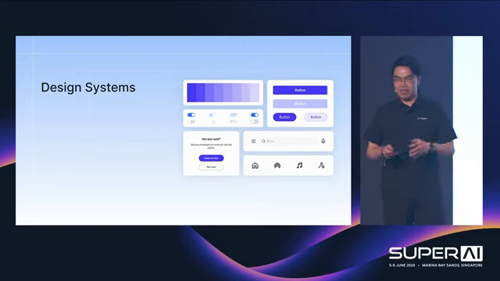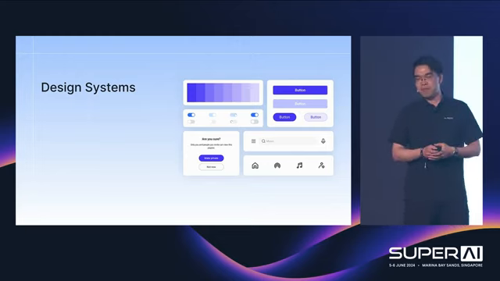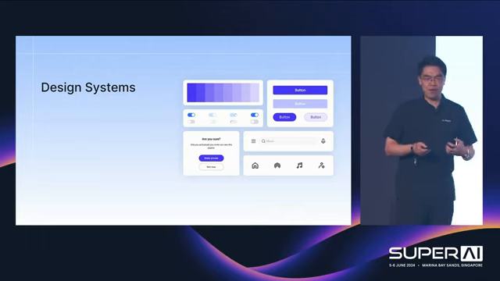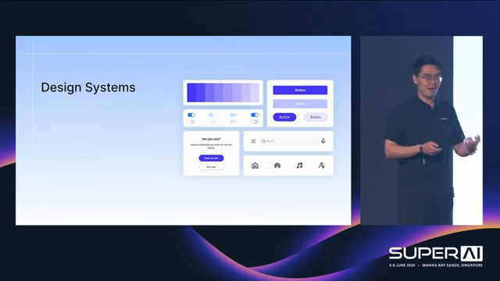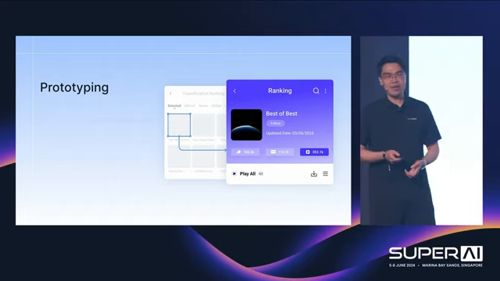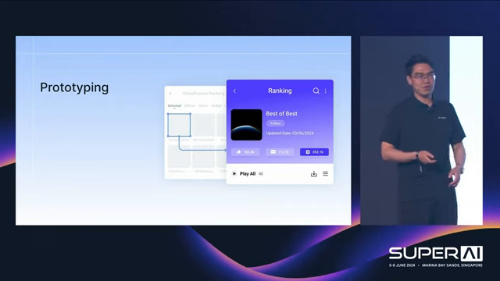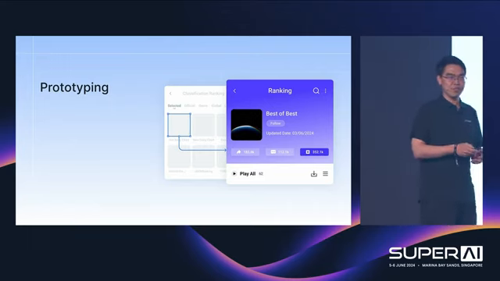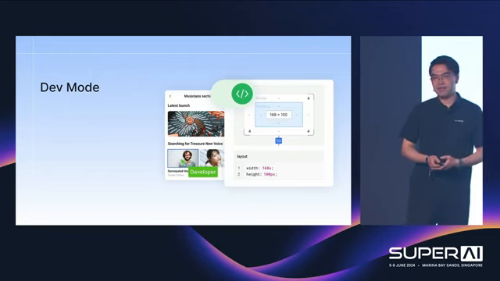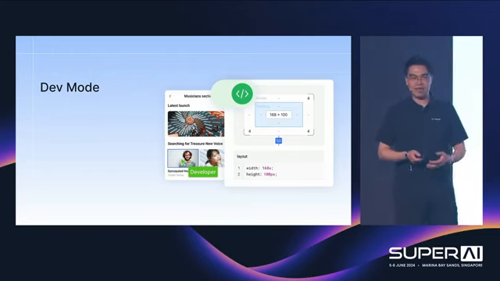And we also have design system, a very strong management system of libraries for all of the variables, styles and components. And you can prototype here to make your designs directly into prototypes. No need to use any other tools. And also we have dev mode tailored for developers for better handoff and a better experience for developers.